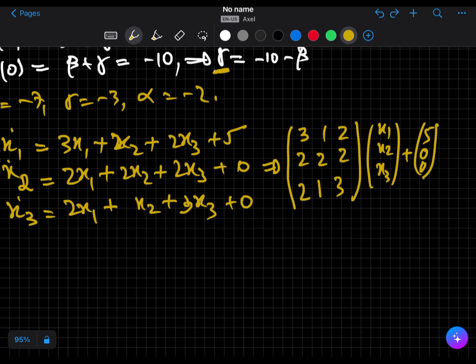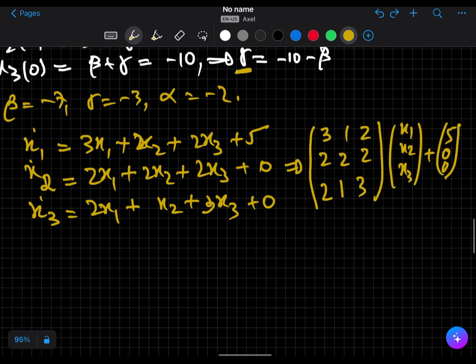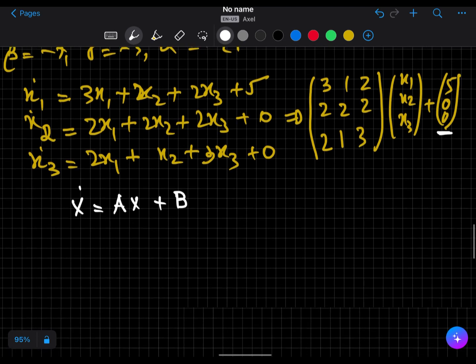Then we can use the same procedure we used before to solve this equation. So here we have x prime equals Ax plus a vector b, and we know that b is 5, 0, 0.